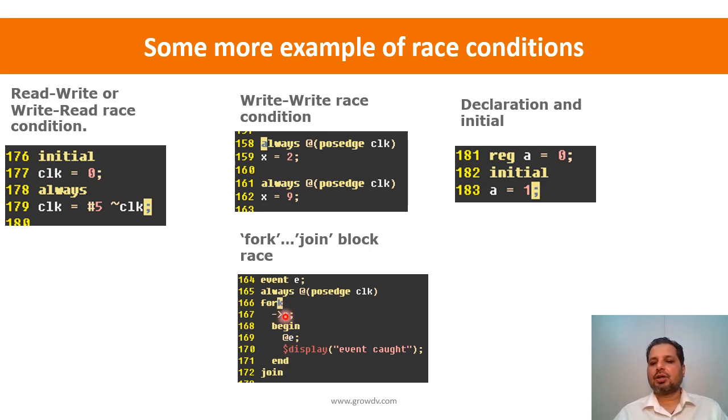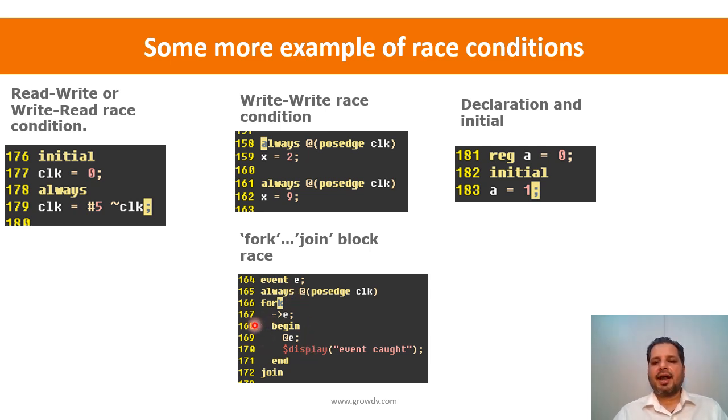Just because this thread comes first in the fork block doesn't mean that the simulator will schedule it first. If we have multiple blocks coded within the fork, any block could be scheduled first. There is no guarantee as to which one. The order in which I code has no implication on the order of scheduling.